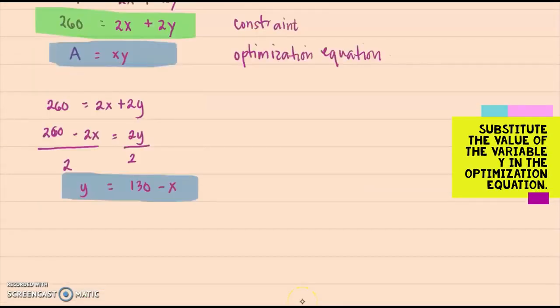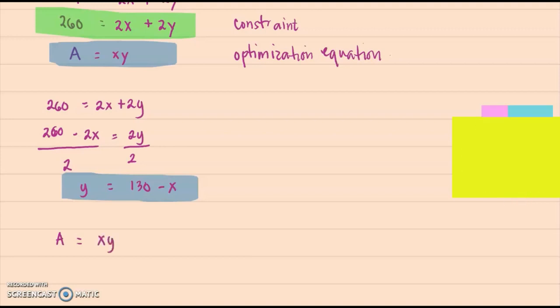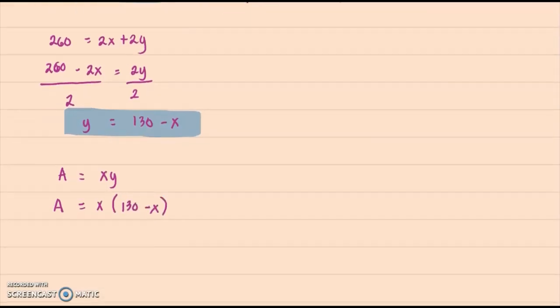Now, using our optimization equation, let us substitute the value of our variable y. So we have here A, or the area, is equal to x times y. Substitute the value of y that we have here. So we have area is equal to x times 130 minus x.